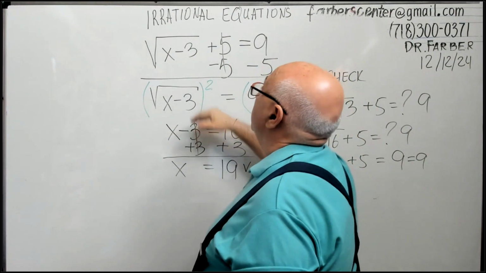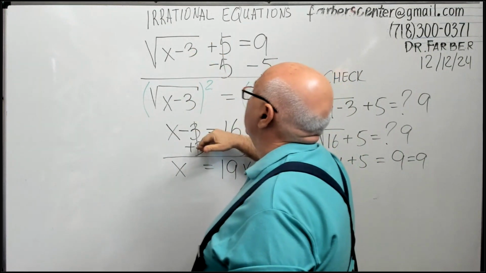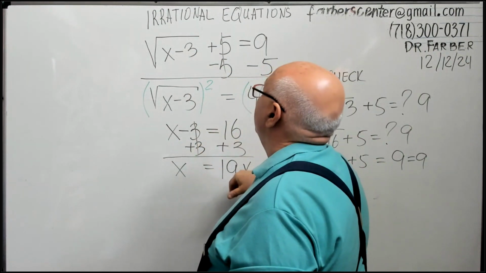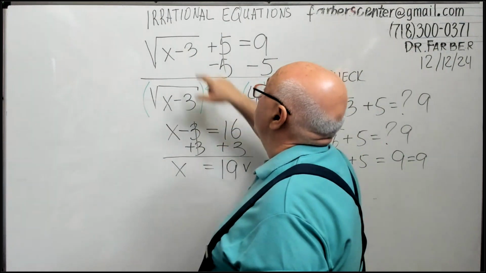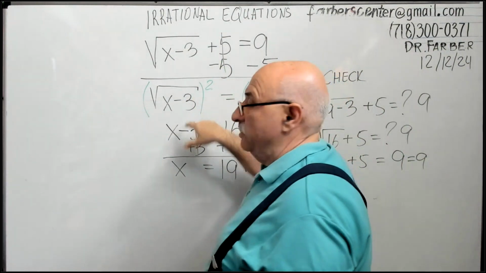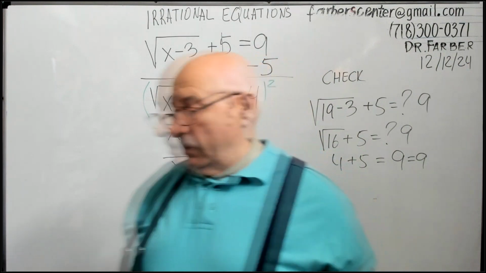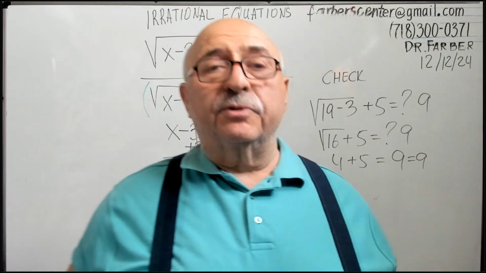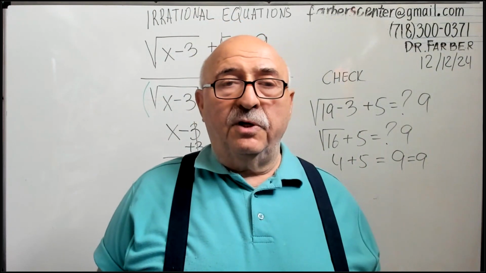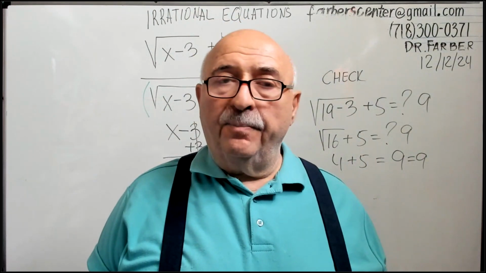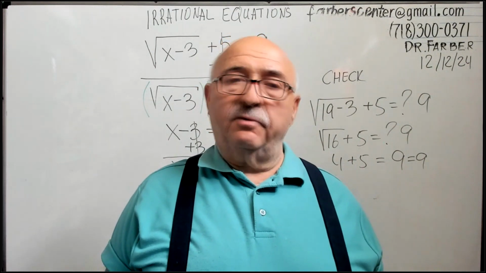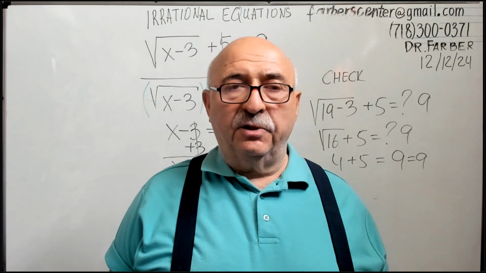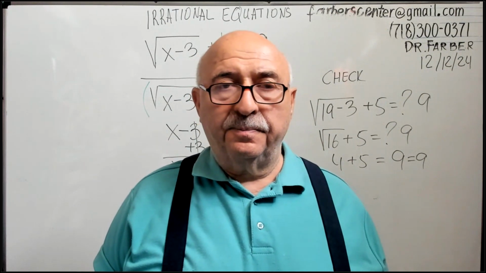This equation is derived from the original equation. When you solve this equation, not necessarily this root belongs to the original equation. Maybe it belongs to this equation. And in some situations, you can get extraneous roots, which don't belong to the original equation. That's why we have to check. You understand? Checking an irrational equation is a must.